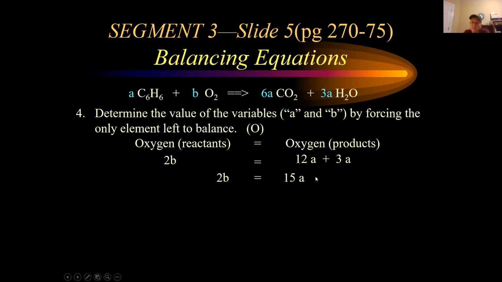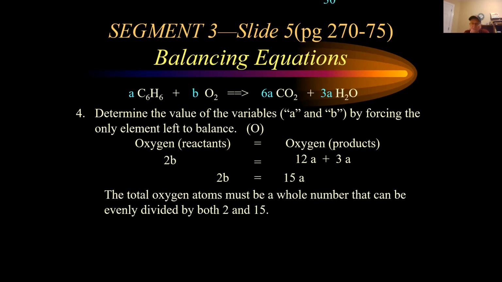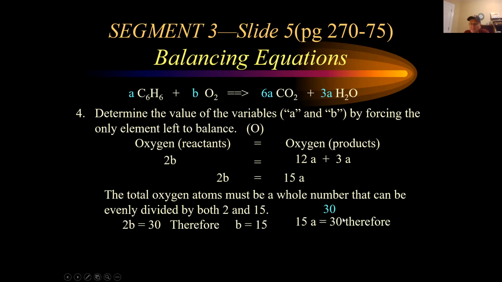Now, that means these both have to be equal to the same number, and it has to be a number that both 2 and 15 will divide into evenly, because we want whole number coefficients. Well, what's the smallest number that both 2 and 15 will divide into? It would be 30. Okay, so there's 30 on the left and 30 on the right. So 2B equals 30. So that means that B is 15. And 15A has to equal 30. That means A has to equal 2.